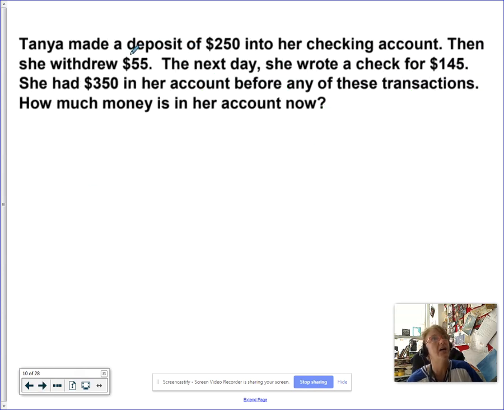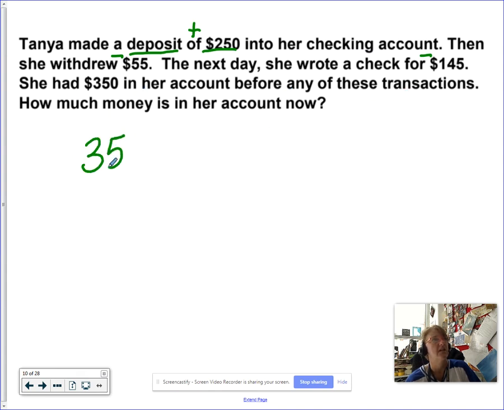Tanya made a deposit of $250 into her checking account. That means she's adding it in, okay? Now, as I read, then she withdrew 55. That's going to be a subtract. Add, subtract. The next day she wrote a check for 145. That's subtract again. She had 350 in her account before any of these transactions.